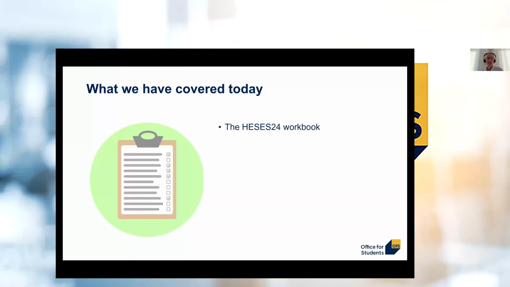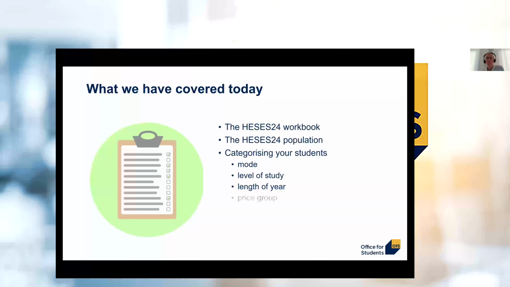And then we talked about the HESES population and how it's defined. Most of the session, though, has been on the different categories that we place students into. So we talked about mode, level of study, length of year, price group, fundability status, domicile, new entrants, and we had a brief look as well at multiplication factors, which is new this year. And now I hope you feel that this has given you some idea about each of these areas.